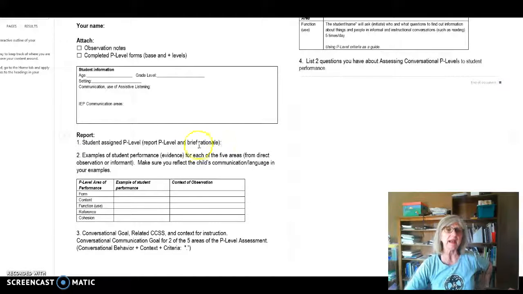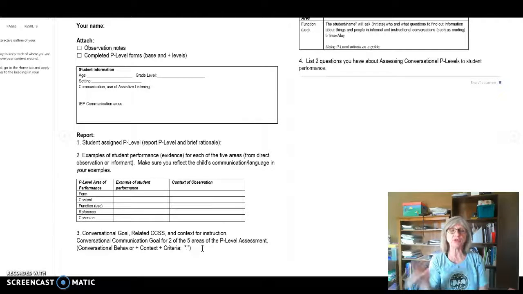I need examples of the student performance that you think provide evidence that the student is performing at that P-level. And then identify 2 of the 5 areas to begin to write a goal around. So 2 conversational goals. I'll give you an example.